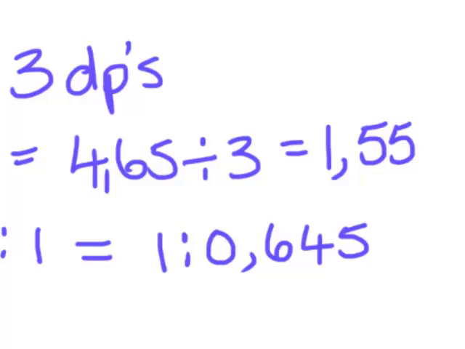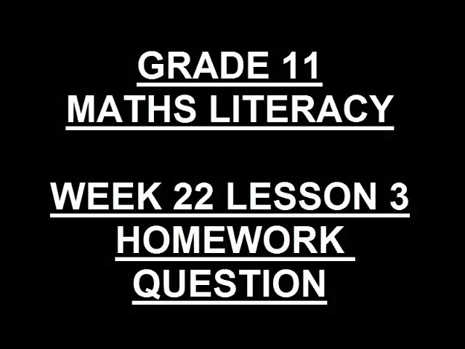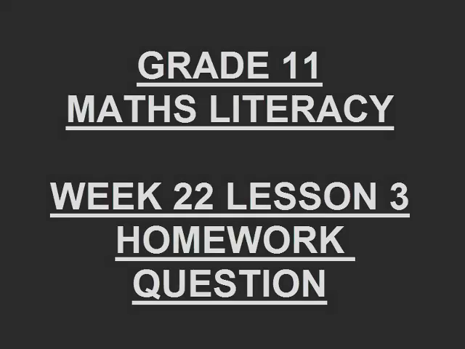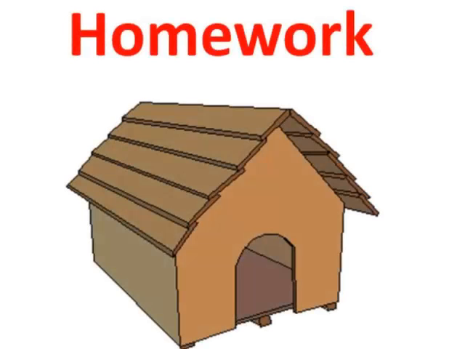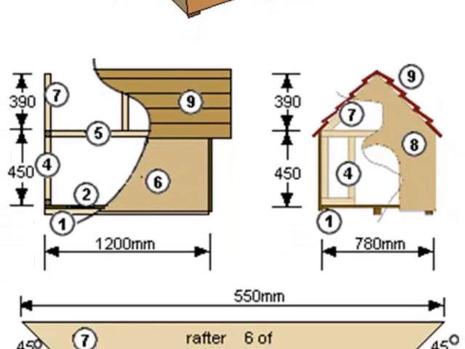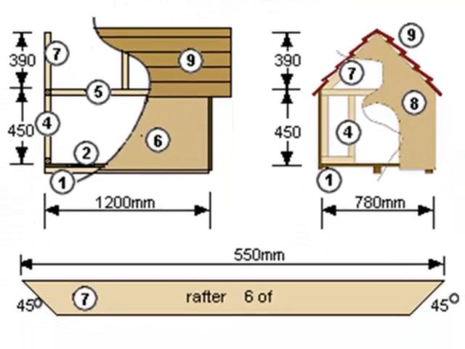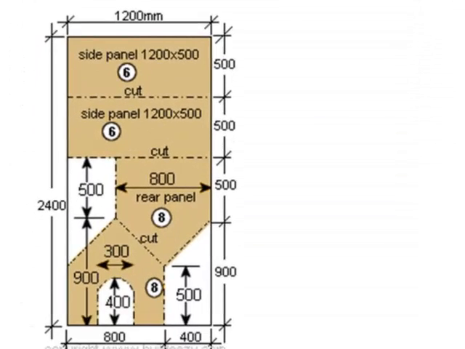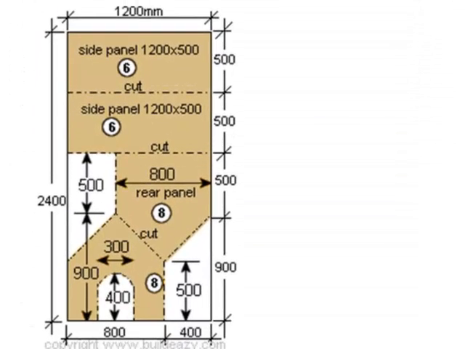Okay, I'm going to give you a quick question now. Okay, so what we've got here is we've got a picture of a completed doghouse. Okay, and then you get 2 plans that came with this diagram. Here's the one plan, okay, and then the other one looks like that.